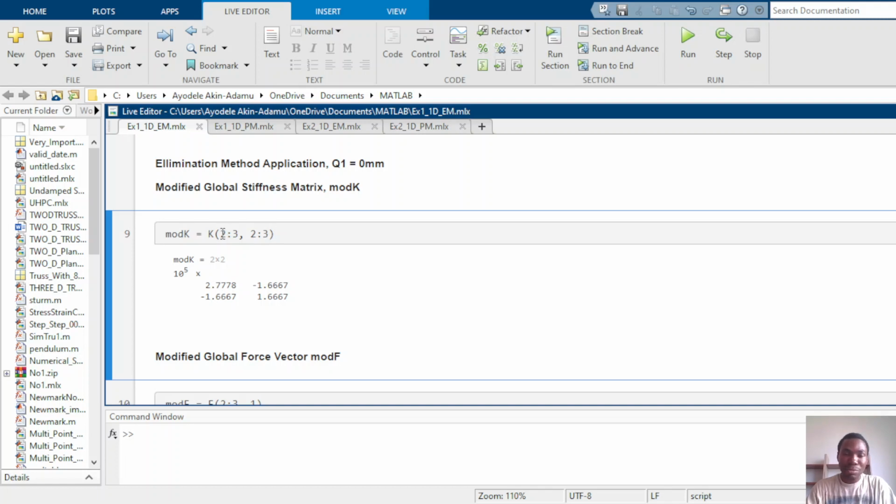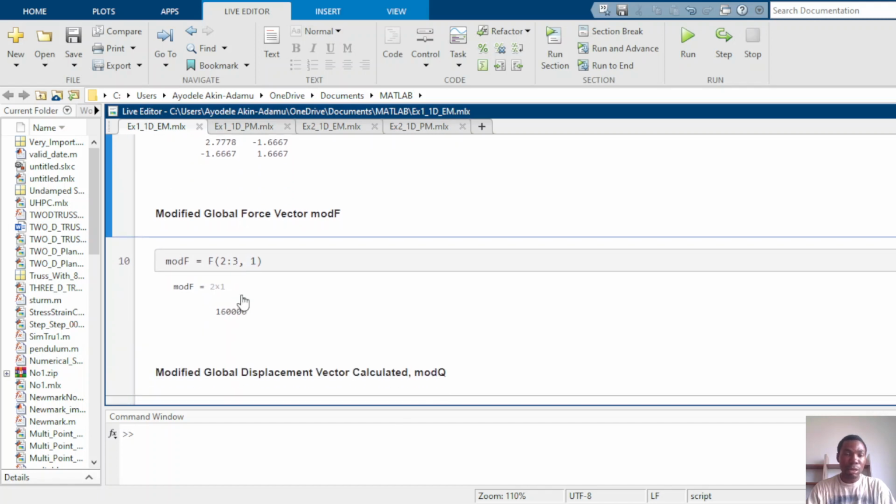So if I run the code I've written, I get this. So this gets stored in mod K in my MATLAB memory. So this is my modified global stiffness matrix.